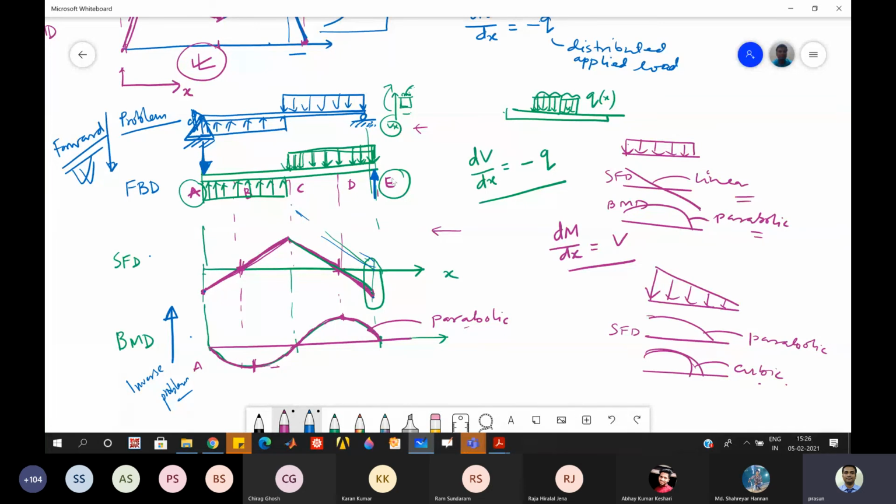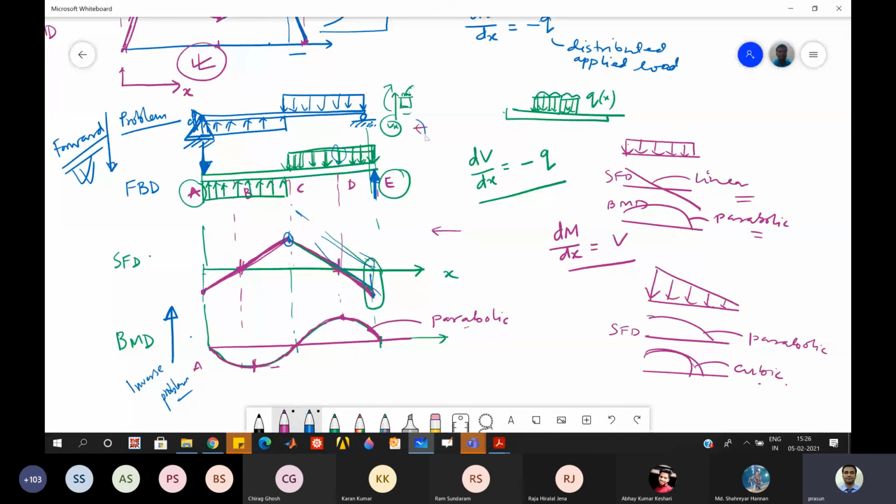You can see, you can start from here, then you go down up to this, and then this is linear. So go up, and this is the negative slope. Let us say you are confused about what value to find out, because you know the load, and the reaction you have already found out.